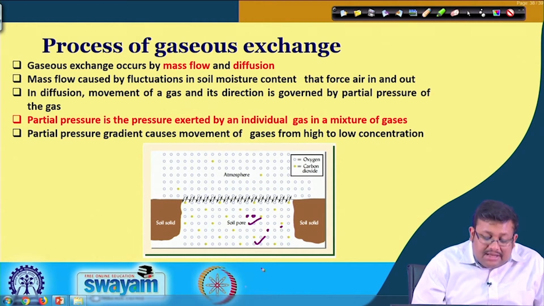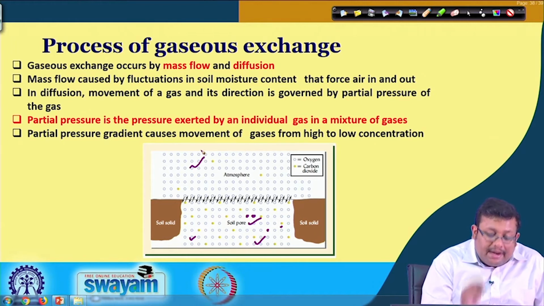And as oxygen is being consumed by macroorganisms or aerobic organisms like the plant roots and other aerobic organisms, obviously the proportion of oxygen is lower in soil air as compared to atmospheric air.